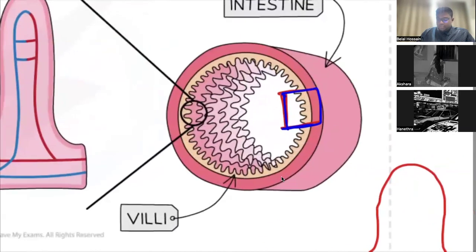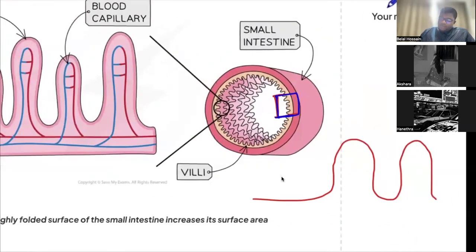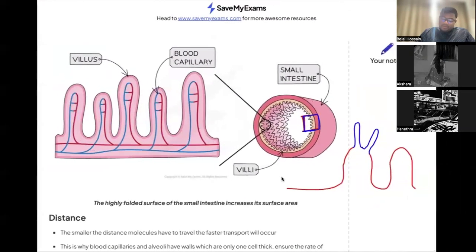Within that particular folding, there are many finger-like projections called villi. Now there are many of them, and that is being represented here in this picture.